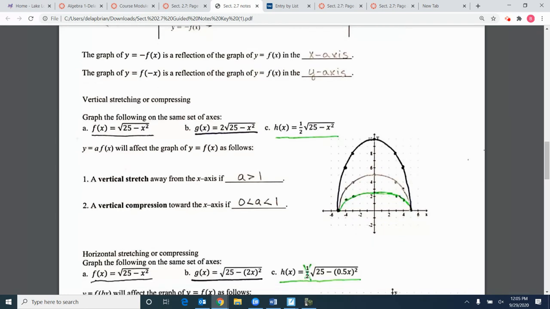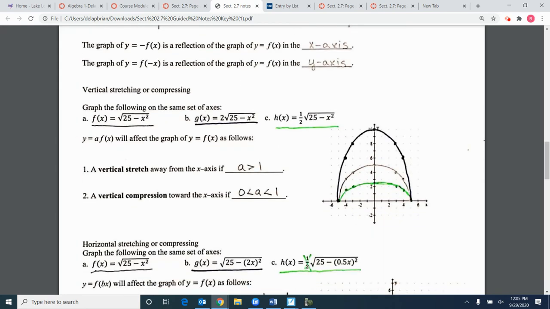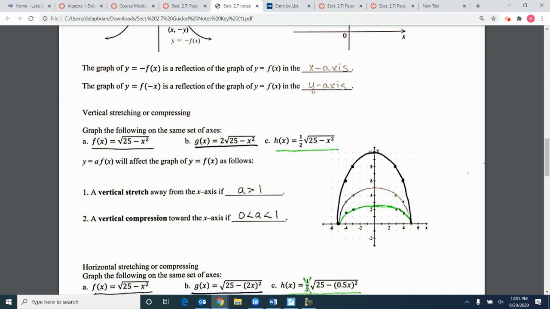Sometimes it's hard to get examples to show the stretching and compressing. I know on some of these you had, it doesn't look like it hits the x-axis, but it actually does. If you have a constant out in front of your function, it's going to stretch it or compress it.